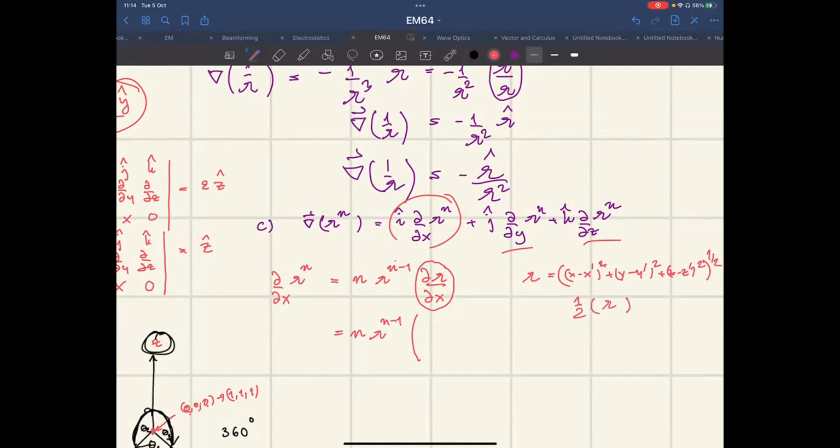The whole thing is r, right? R to the 1/2 minus 1. Everyone understands, right? So we have 1/r.